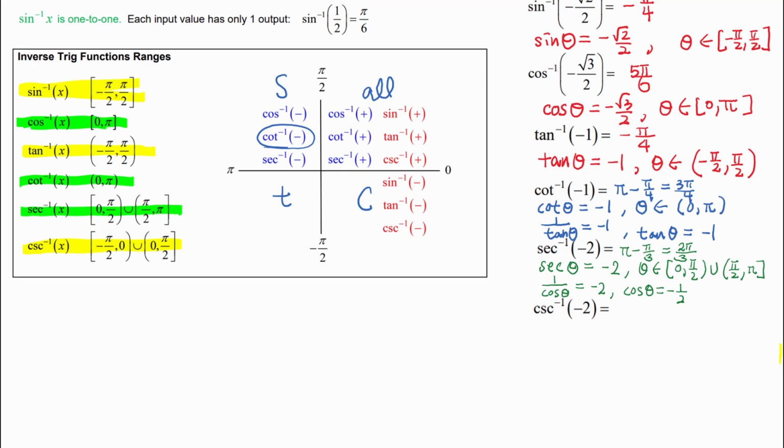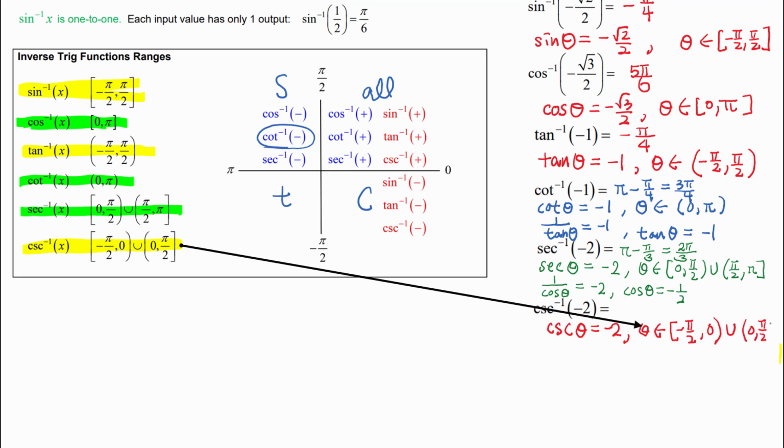Last problem. Inverse cosecant of negative 2 equals what angle? So again, that is the same thing as cosecant of what angle is equal to negative 2. And my answer, theta, needs to be found from negative pi over 2 to 0 union 0 to pi over 2. And cosecant theta is equal to 1 over sine theta equals negative 2. That is the same thing as sine theta equals negative 1/2.